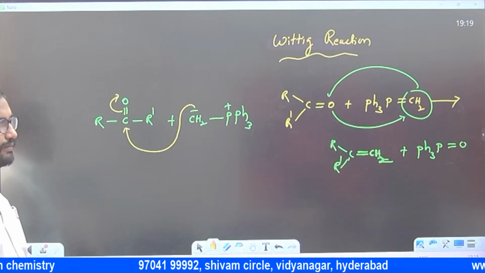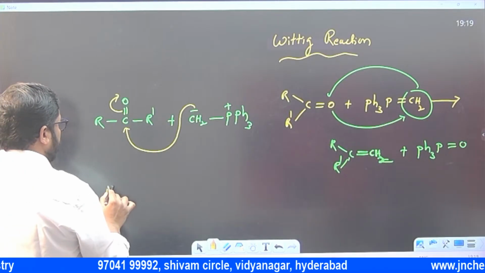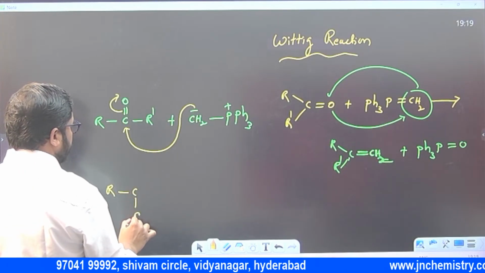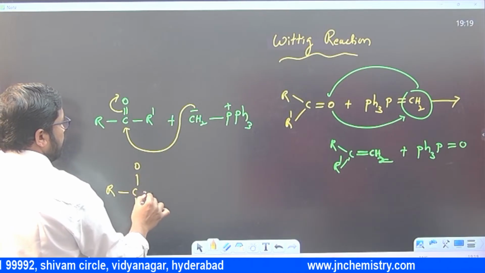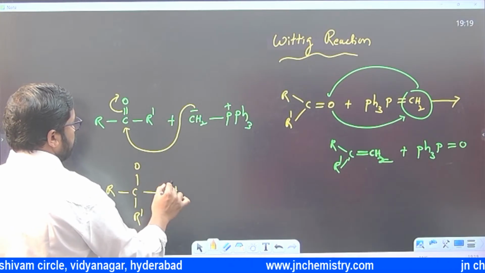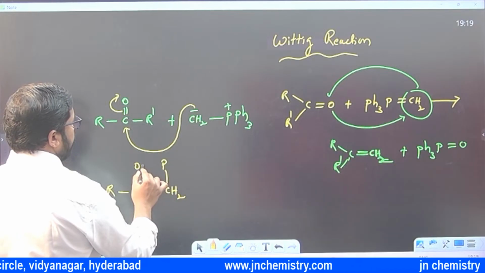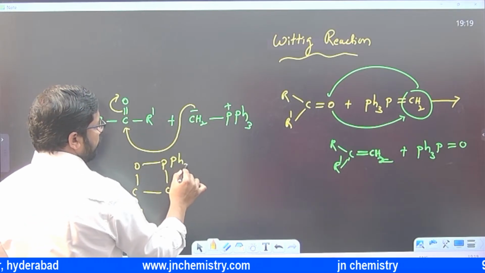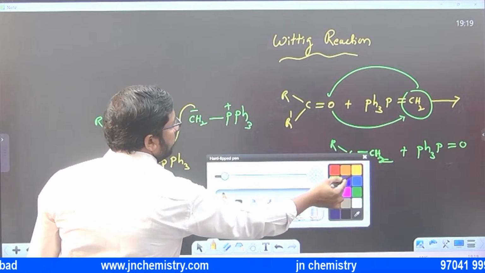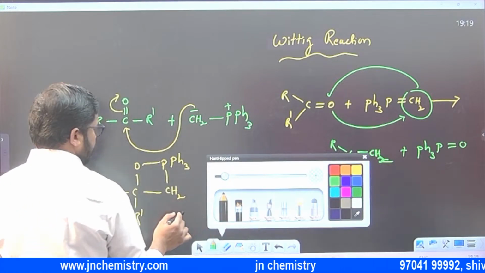This is the mechanism. I'm just writing the R dash here, O minus, this is CH2, P, plus and minus bonding PPh3. Then the bond cleavage takes place here like this.